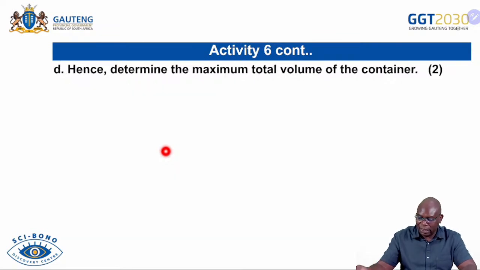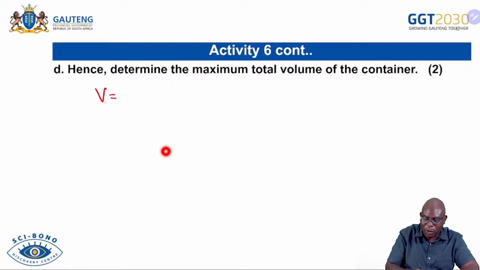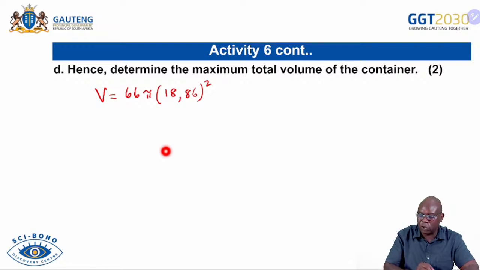Then D says, hence calculate the maximum total volume of the container, meaning that we're going to substitute the answer that we got into the original one. So the volume will be equal to, remember we've got 66 pi, and I'm going to substitute 18.86, squared, minus 7 over 3 pi, and we substitute 18.86, cubed.